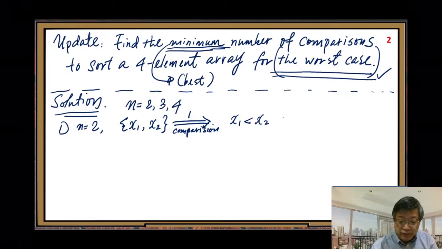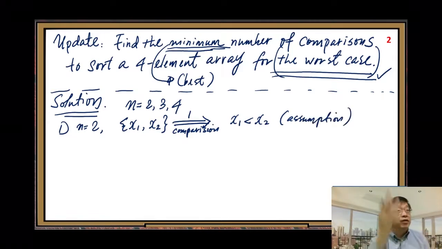This is just an assumption, right? Although there are 2 different ways, it is good enough. One comparison, we can get the array sorted.